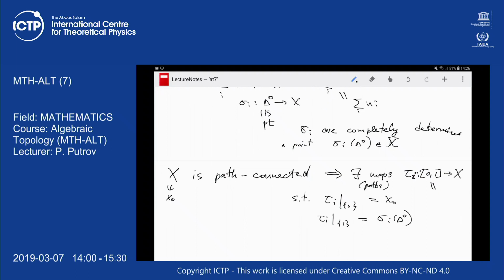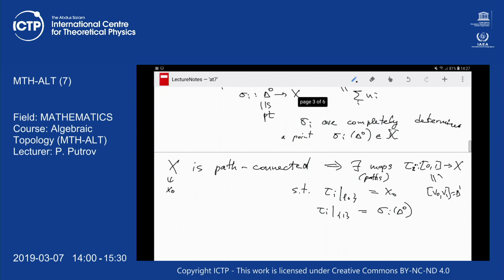But of course we can consider the interval as a one-dimensional simplex, right?